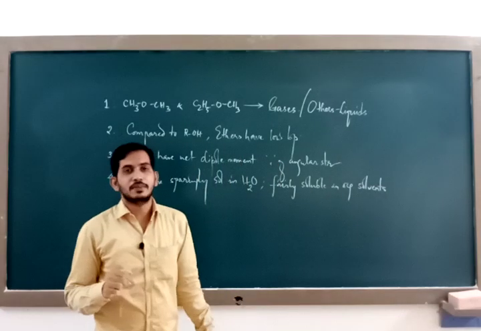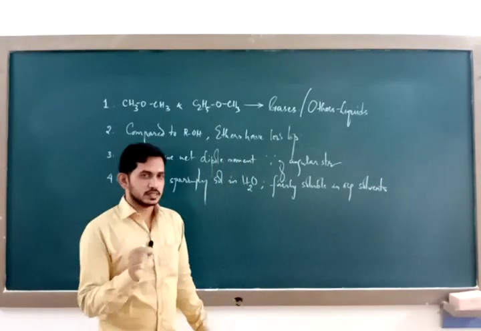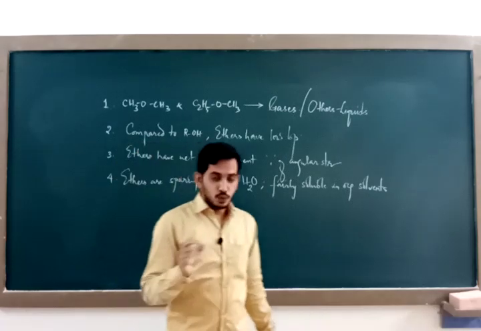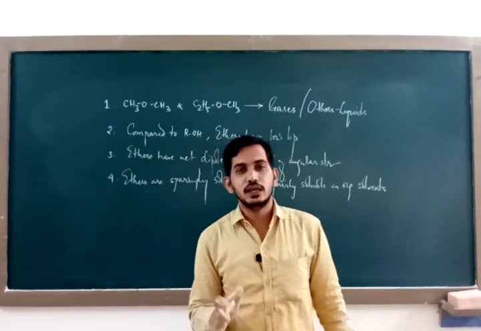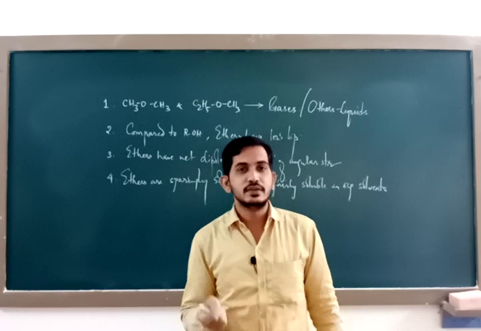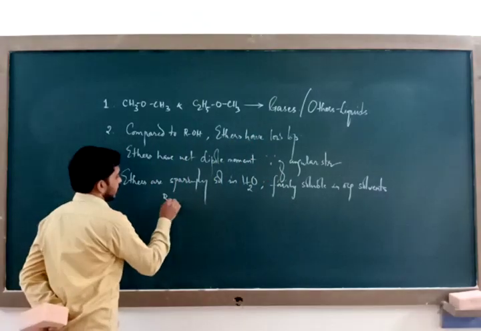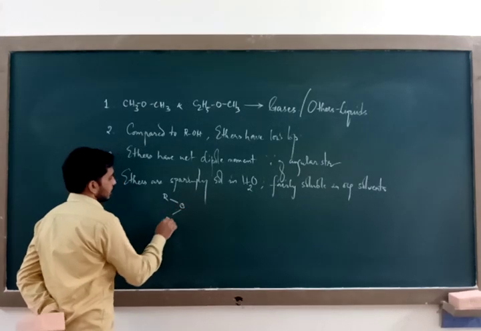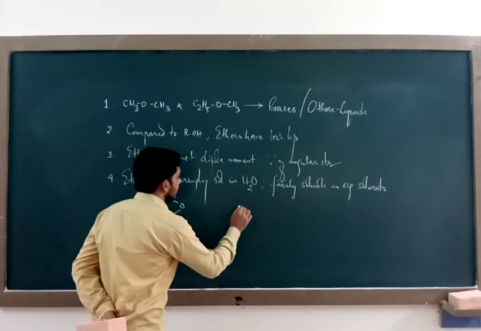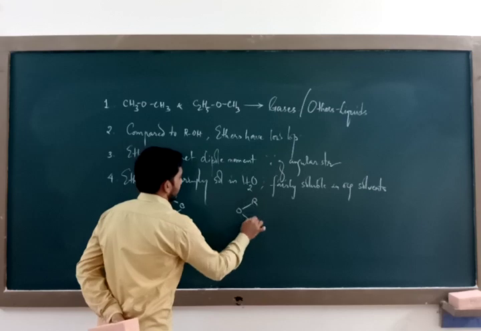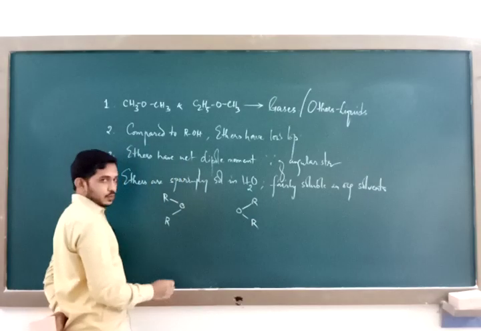However, one point to be remembered is that lower ethers can sometimes be soluble in water because of hydrogen bonding. Do not get confused. See, this is one ether, this is another ether. We have two ether molecules.